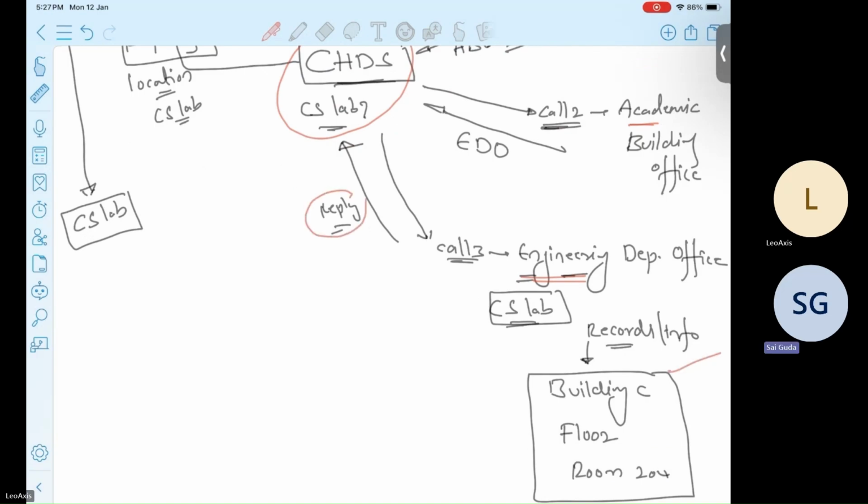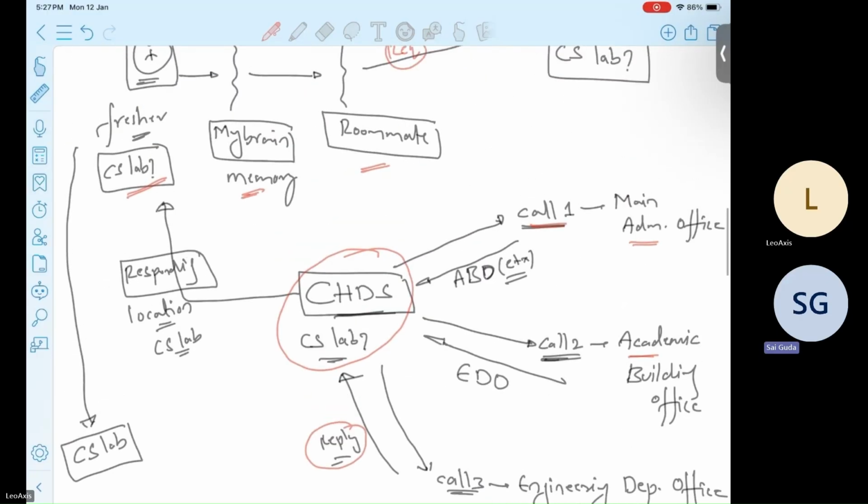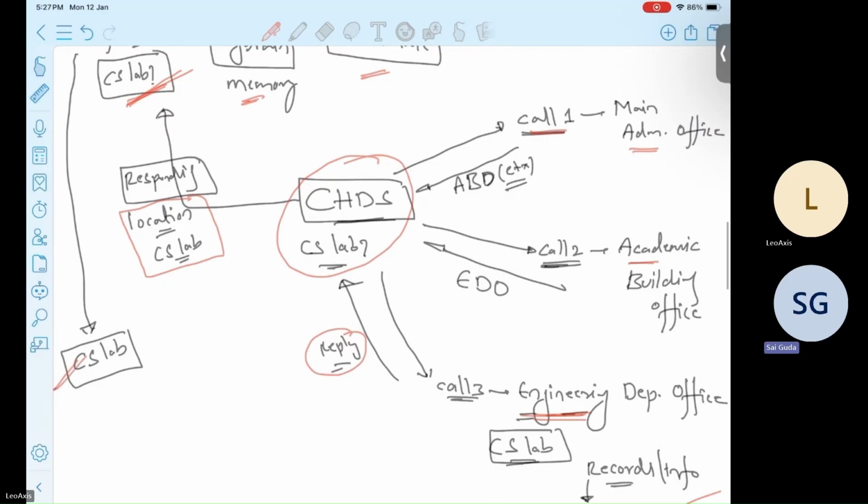Once it has gathered the location details from the engineering department, the campus helpdesk system responds back to us with the location details of the CS lab. Now using this location, I try to reach that exact location. I arrive at the CS lab and I meet my friend Rahul there.